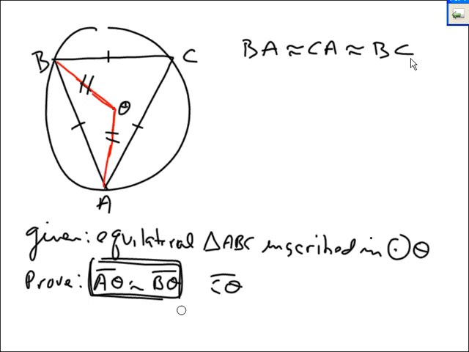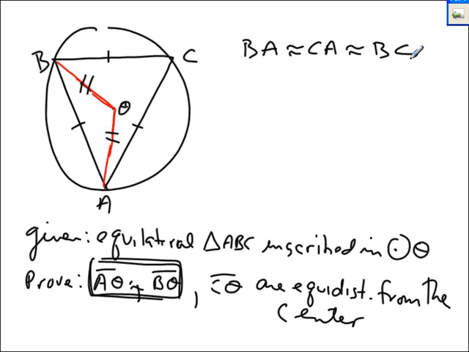And I'll still stick by the symmetry story I said. AO, BO, and CO are equidistant from the center. Okay, so basically, I know that these three lines are the same.